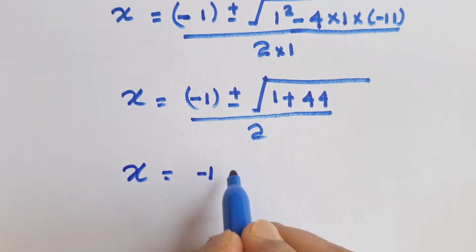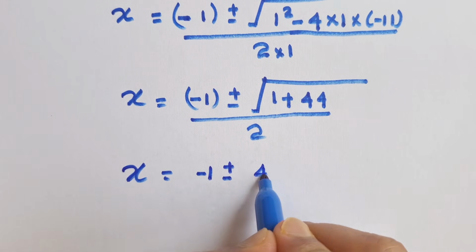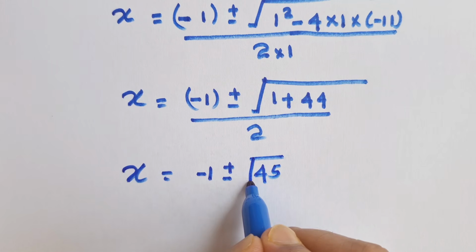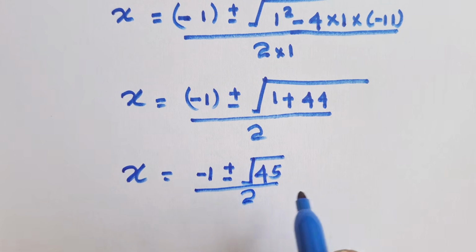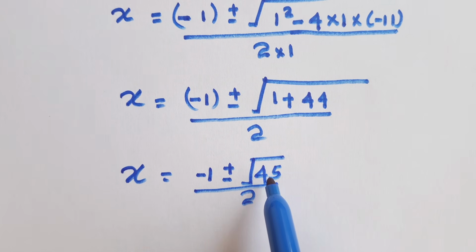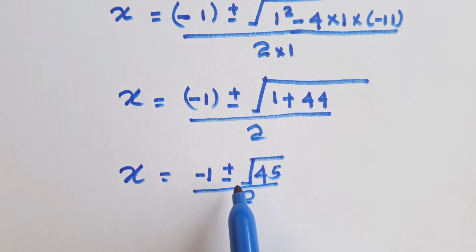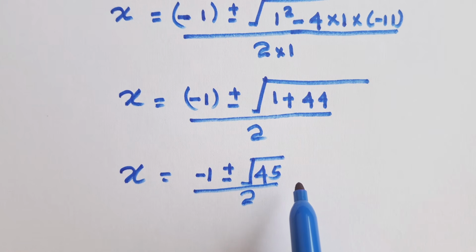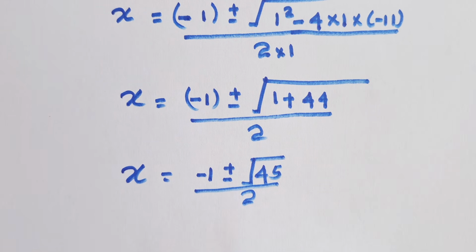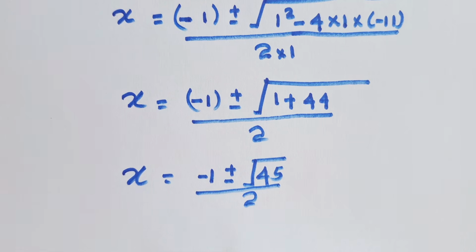Then we have x equal minus 1 plus or minus square root of 45 divided by 2. Now we can clearly see that square root of 45 is not an integer, so there is no integer solution for x. So now we can ignore this case too, because we need to find only integer values for x.